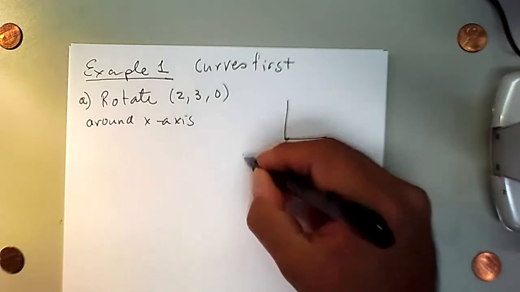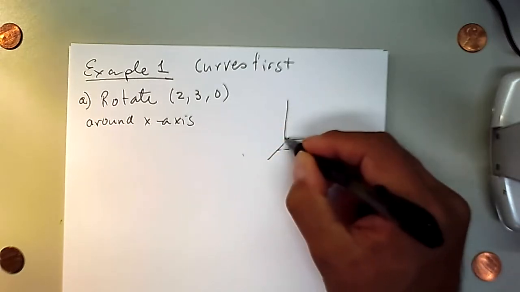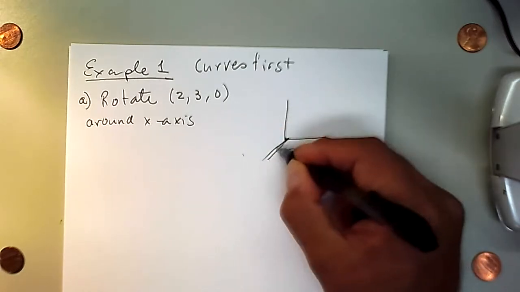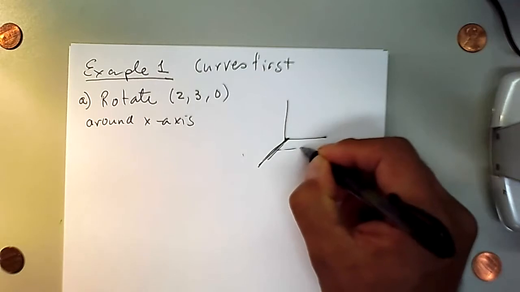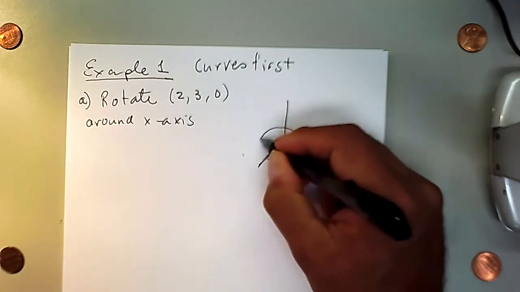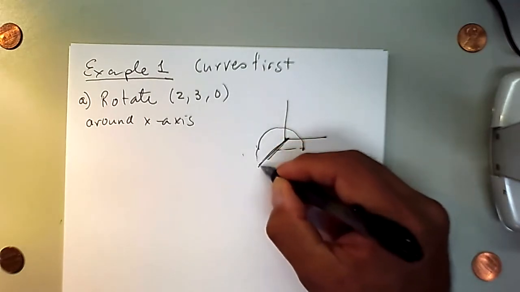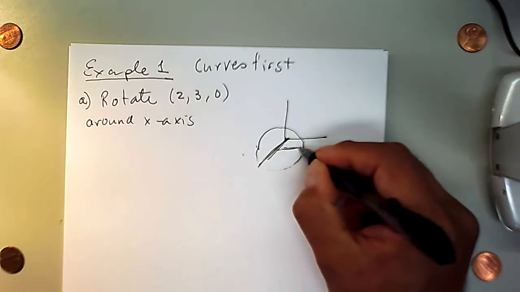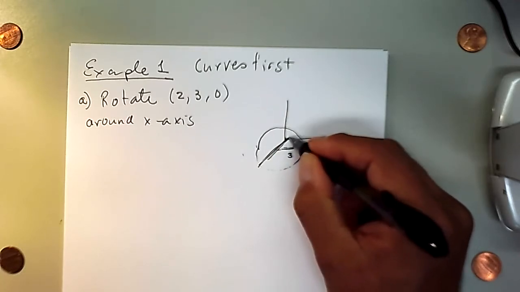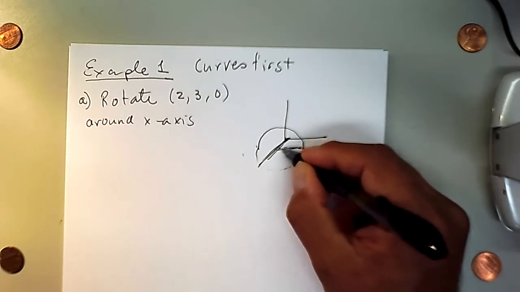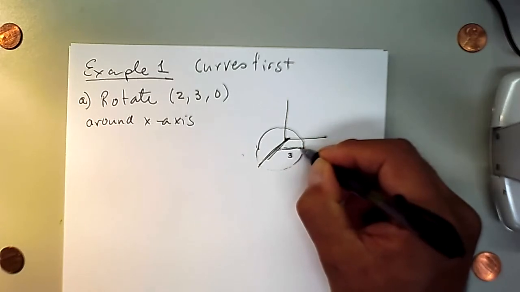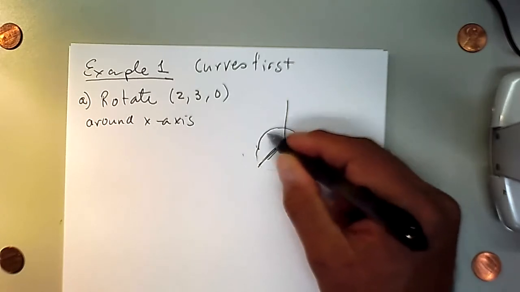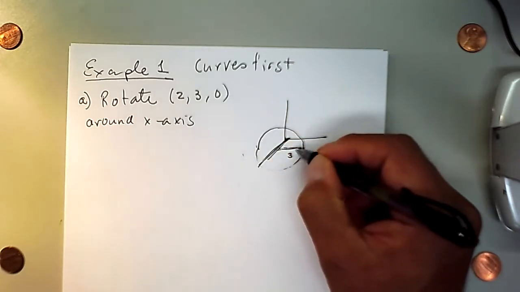We want to rotate it around the x-axis, so this axis. We can rotate it this way and create a circle. The radius of the circle, of course, will be 3, because the point is 2 units out and then 3 units from the x-axis, and then we rotate, and we have a circle of radius 3.